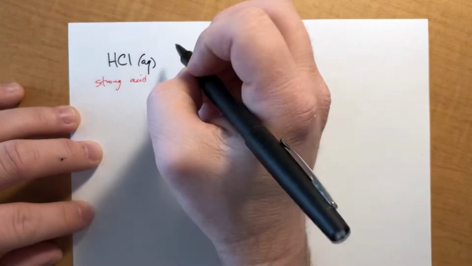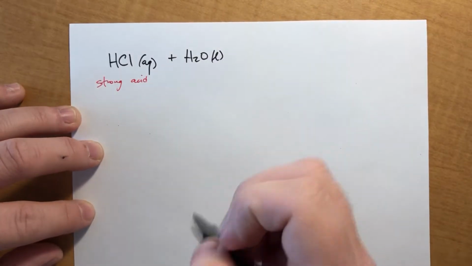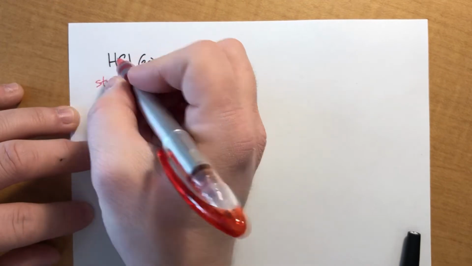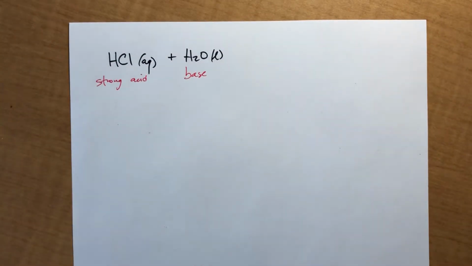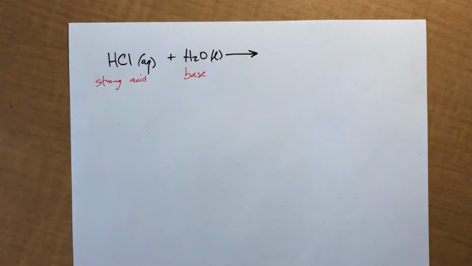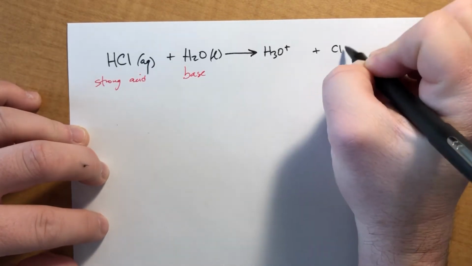If you dissolve this in water, which is a liquid, water will act as the base. Because this is a strong acid, it'll rip that H+ off and we see a Cl-. We saw this literally as the first reaction in the last video. The reason it is a strong acid is there is no reverse reaction. Strong acids only go forward. But you still get an H3O+ and a Cl-.